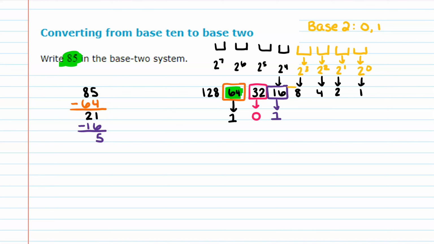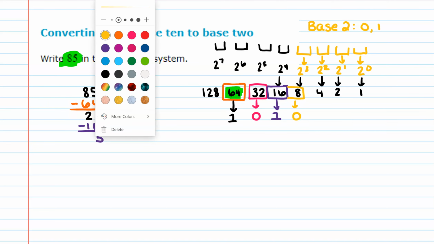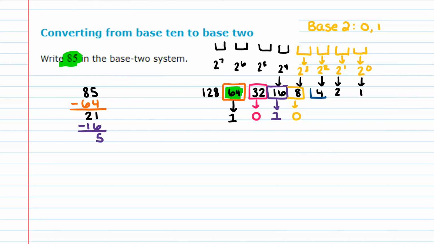So I cannot subtract 8 from 5. So there's 0 times to subtract that. Could I subtract 4? Well, sure, you can subtract 4 from 5. So I'm going to do that. That makes 1. So I subtracted 4 one time.